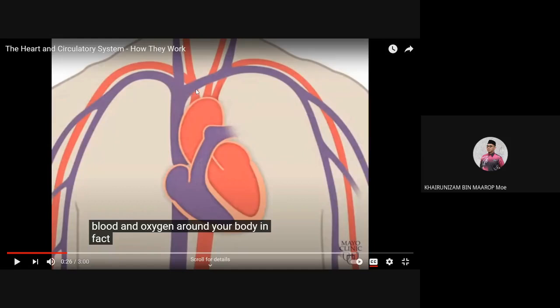If you look at the three tubes here, this is the aorta. The blood is delivered to our head and our arm, and then it will continue to our abdomen part of the body.